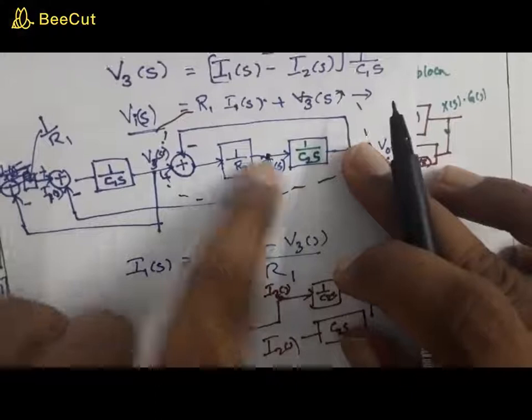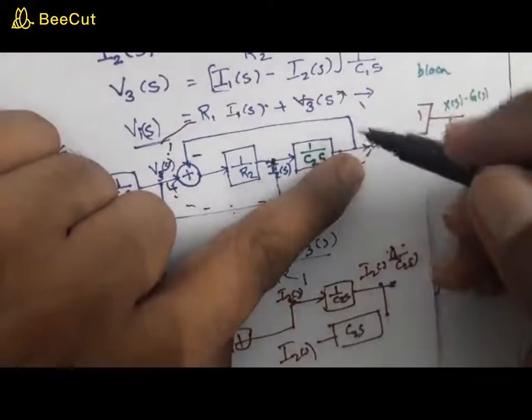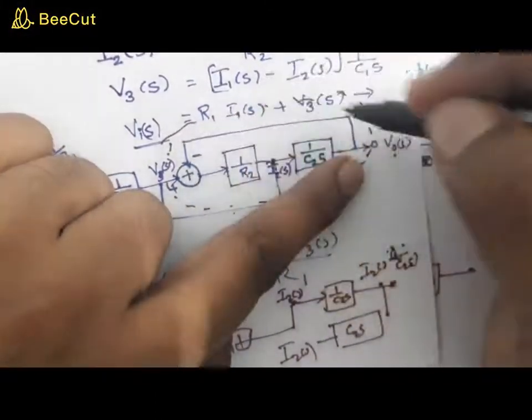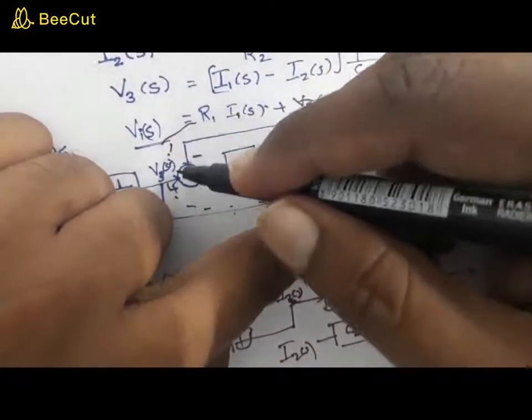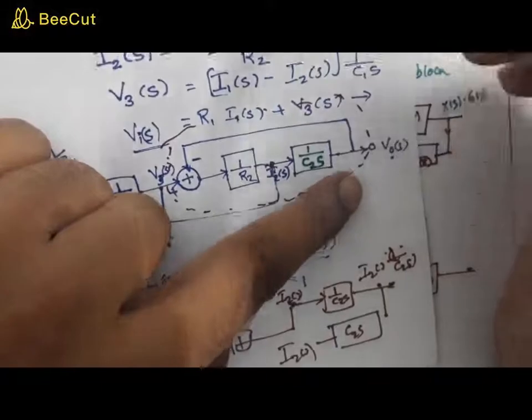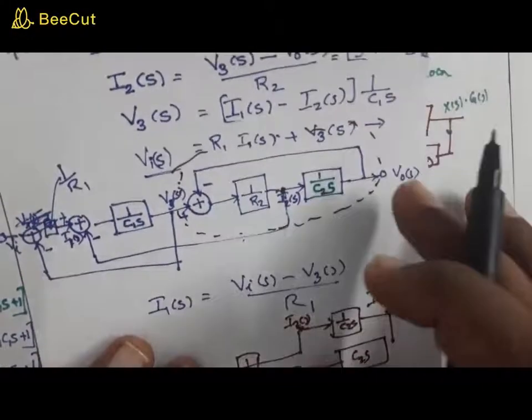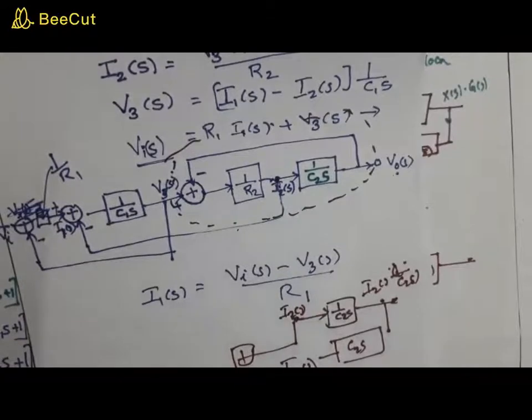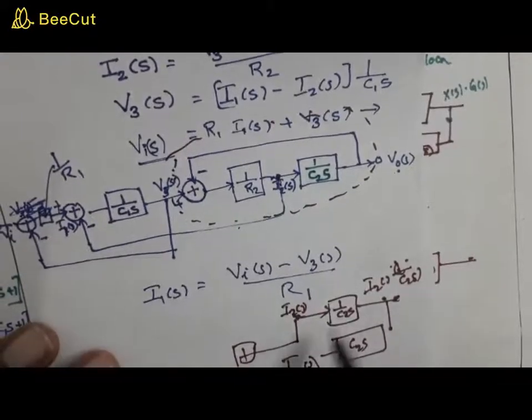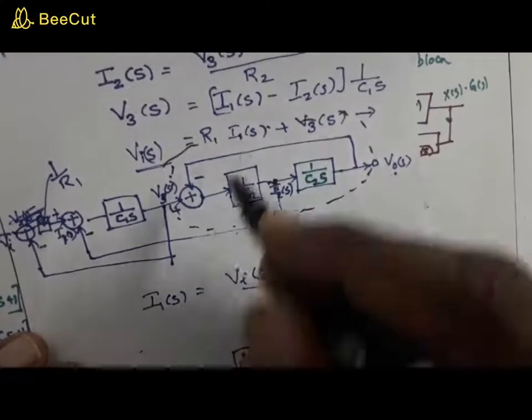Now once you bring this, you can consider this as a canonical form. So you can reduce this whole canonical form into a single block, by using that expression G of s by 1 plus G of s H of s. Okay, right?